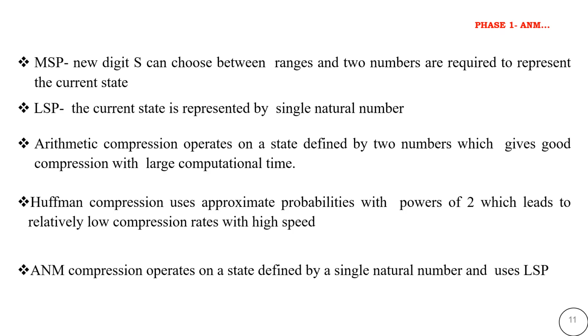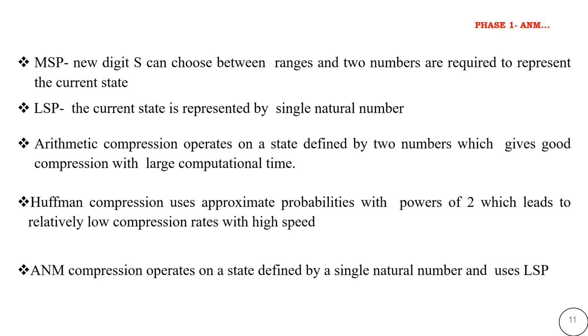Arithmetic compression uses nearly exact probabilities and gives good compression performance, but it takes large computation time. Huffman compression uses approximate probabilities with powers of 2, which leads to relatively low compression rates with high speed.